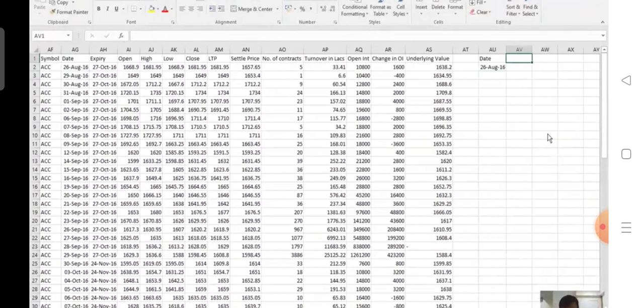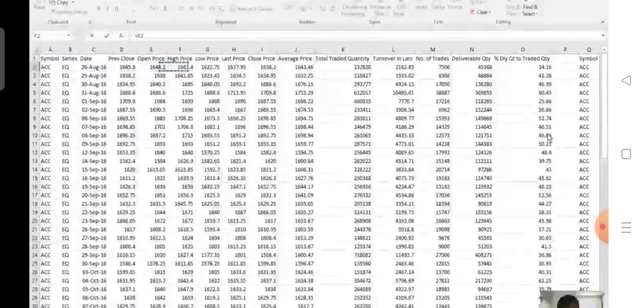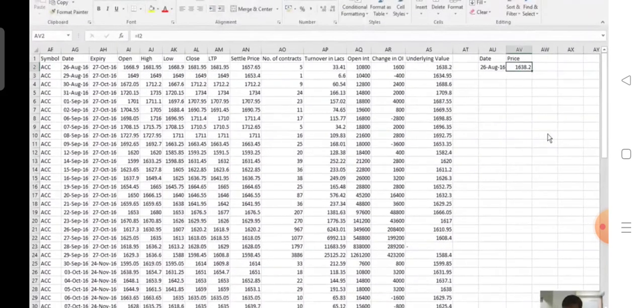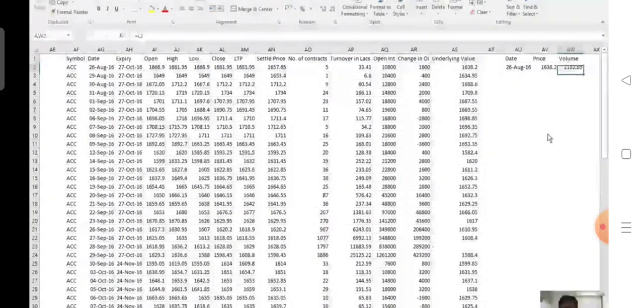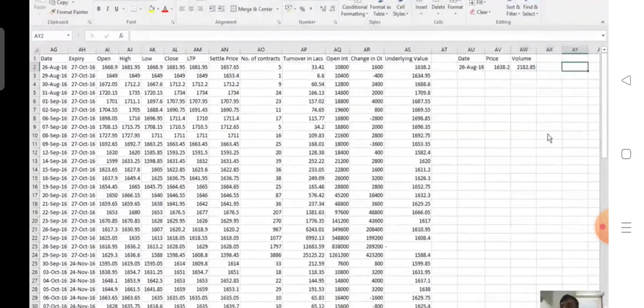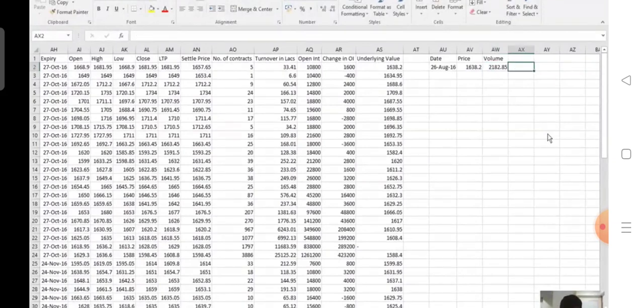Apart from date, in volume terms, we need to, actually let's pull the price of the cash market as well, because this is on the extreme this side. So closing price of the cash market. Okay. We also need volume data of cash market, because this volume data of cash market will help us in calculating the average.